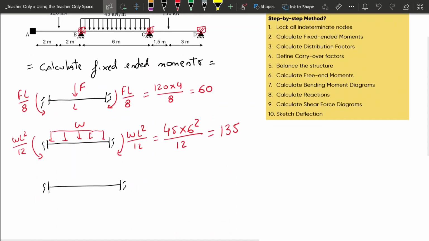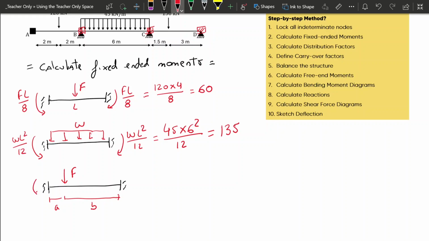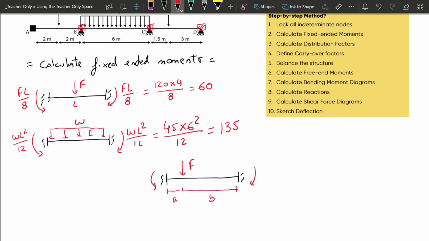And the last one is when we have a load F applied at a distance a from one of the supports and a distance b from the other support, L obviously being the total span. In this case we have two different moments. On the left side, the moment is F times a times b squared divided by L squared, while on this side it is F a squared b divided by L squared.